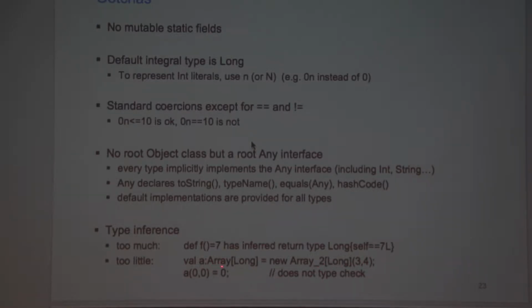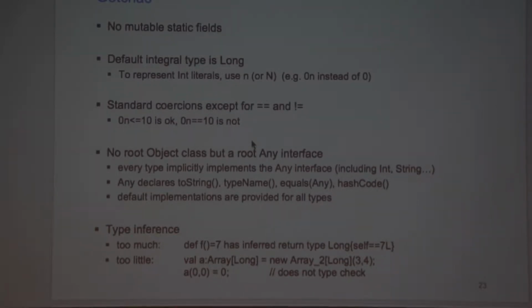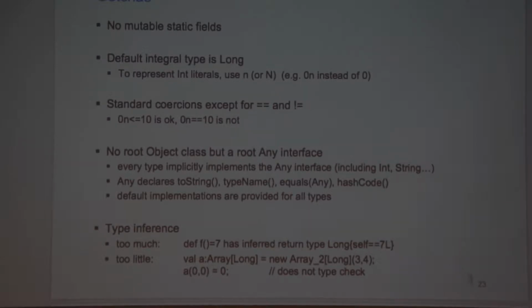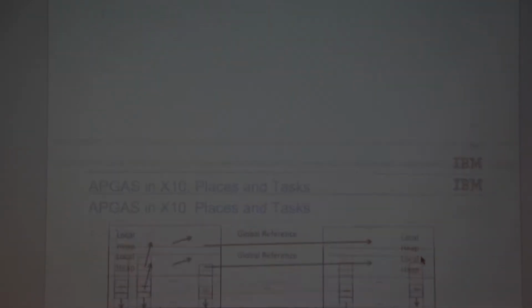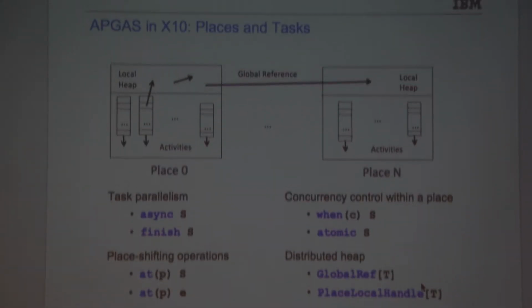But because you are now explicitly coercing this to be of type Array[Long], you will not get this to type check, because of course a two-dimensional accessor is not defined on Array. It's defined on Array_2. So there is no such method, and you'll get a type error. So you have to be careful about what happens when you use these types. Okay, so that's it for type checking.